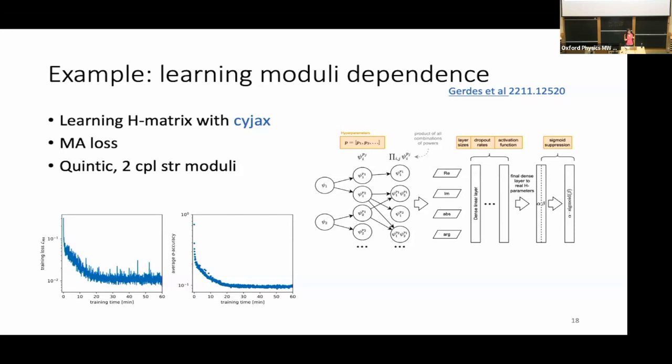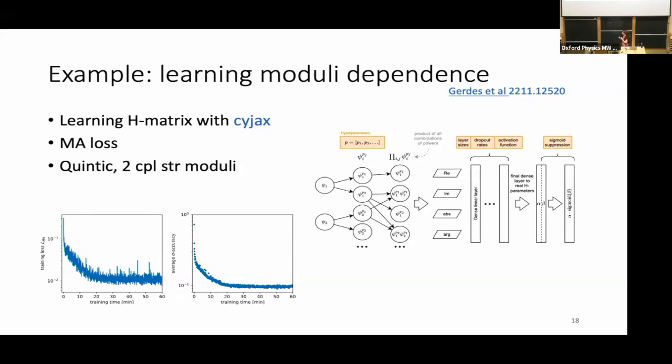I just took the plots that were simplest to show here, because if you have 2 complex structure moduli, they're both complex parameters, that means that you have a 4-dimensional real parameter space, and it's more difficult to visualize that.